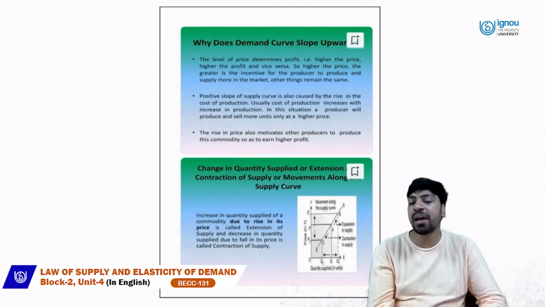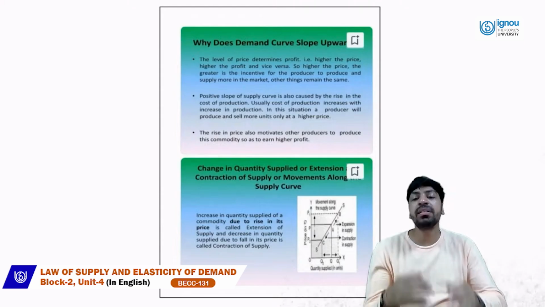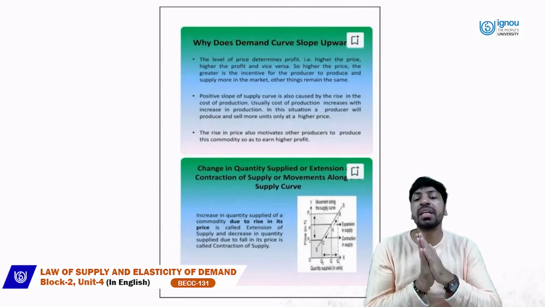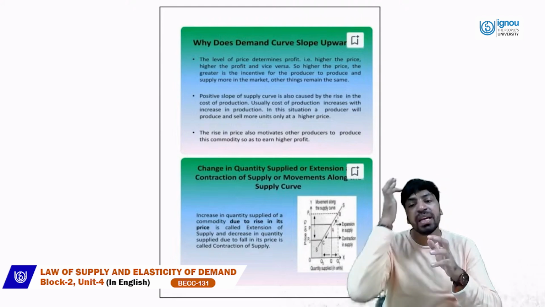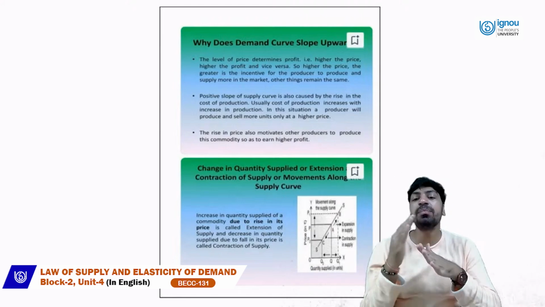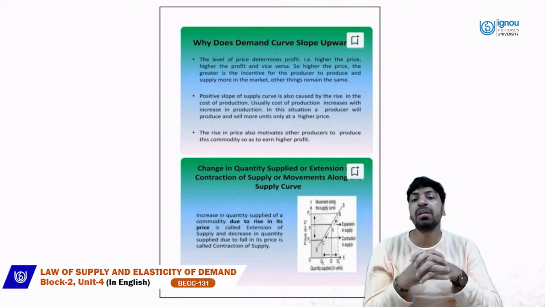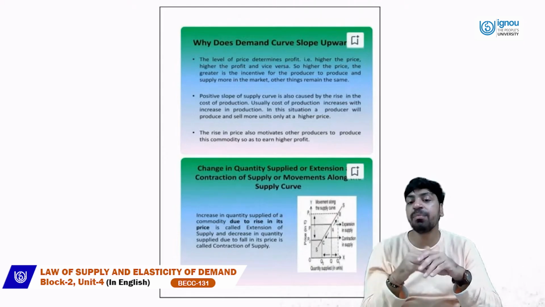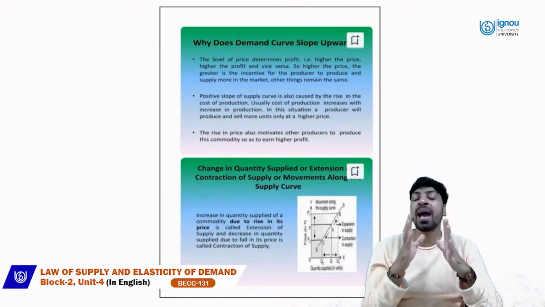If you see the upward arrow, there is a central key point where the price and the quantity have been decided. If there is an increase in the price, it is called extension. If there is a decrease in the price, it's called contraction.